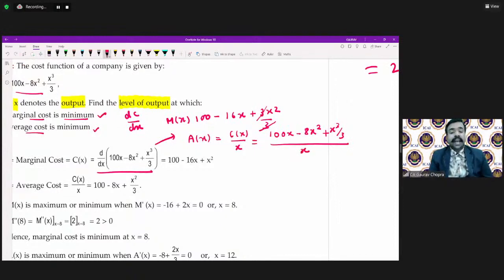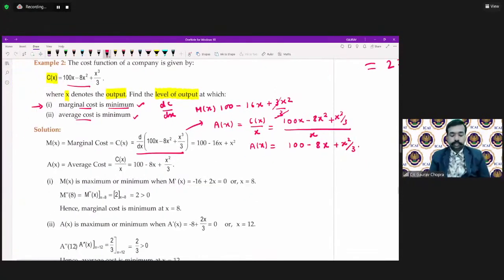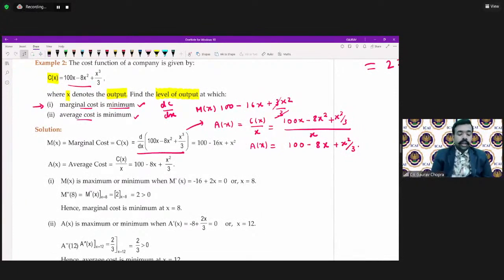So we can take x common in the numerator and cancel. What we will get is 100 - 8x + x²/3. So this is ax, average cost. We have got mx, the marginal cost function, and ax, the average cost function.